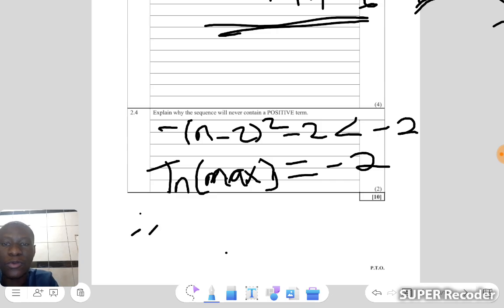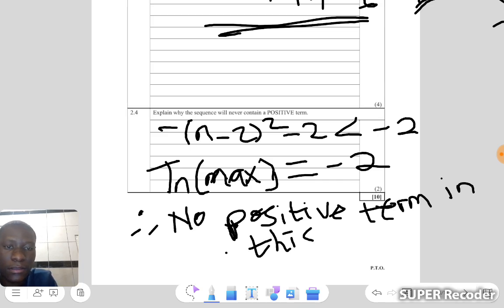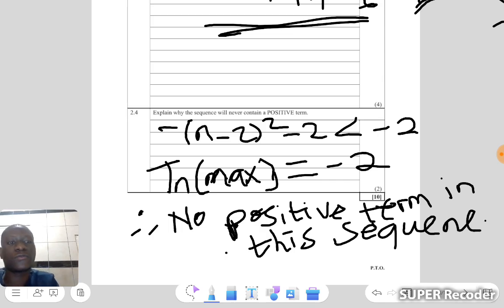Therefore, there will be no positive term in this sequence.